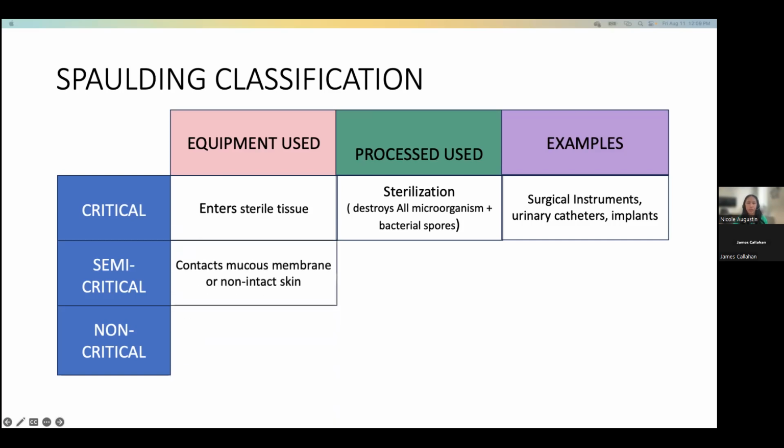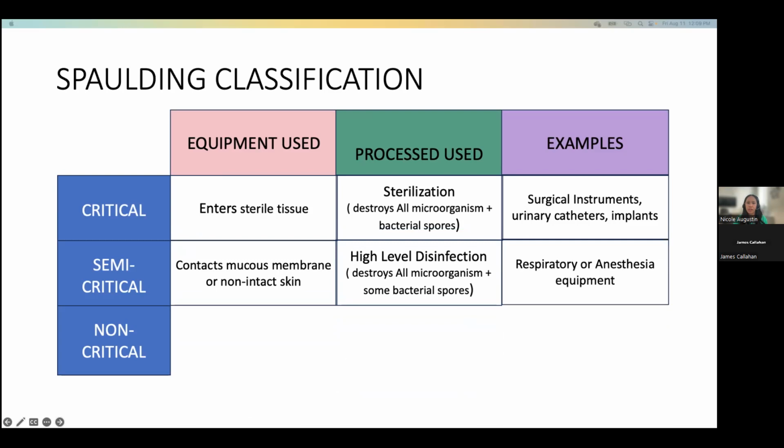Next is semi-critical. Those items contact your mucous membranes as well as non-intact skin, and you want to use high-level disinfection. High-level disinfection destroys all microorganisms and some bacterial spores. Examples would include your respiratory anesthesia equipment, as well as some of your GI equipment.